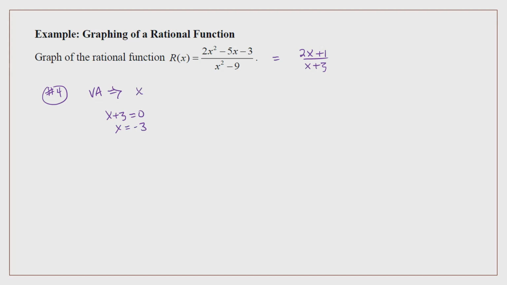So our vertical asymptote is going to be the line x equals -3. All right. Since the multiplicity of the factor that got us this line is odd.